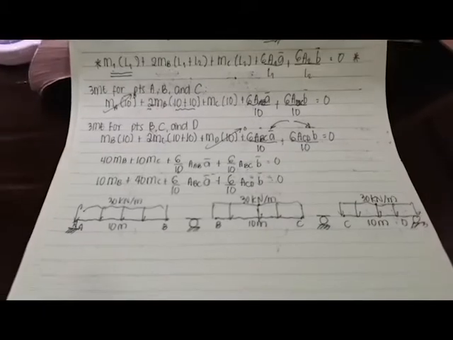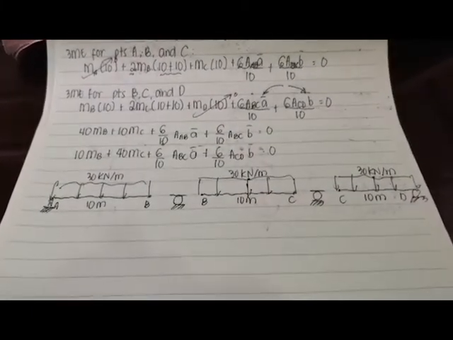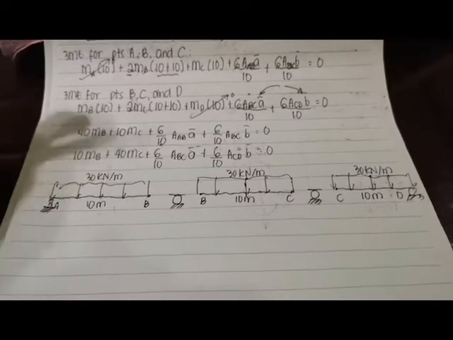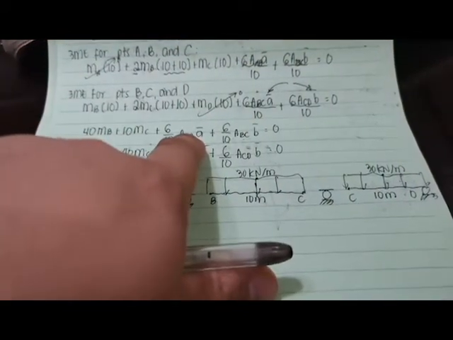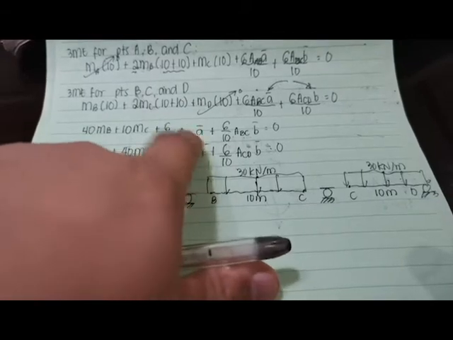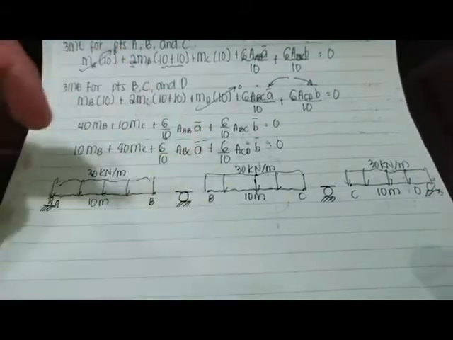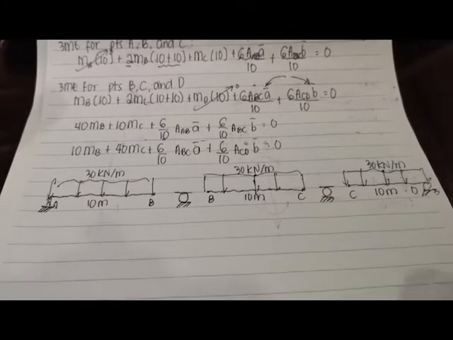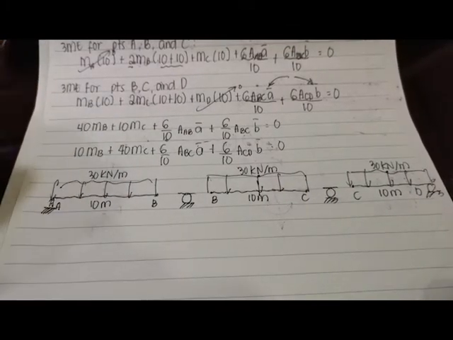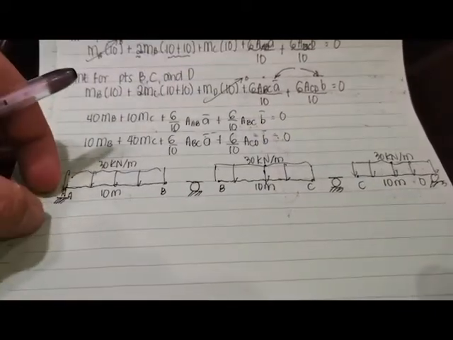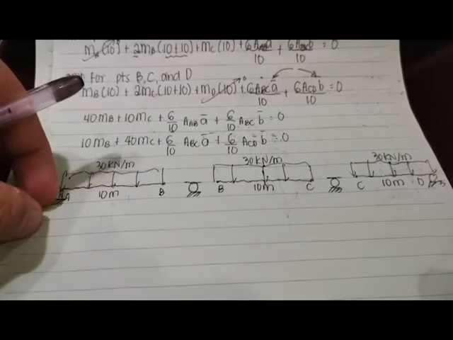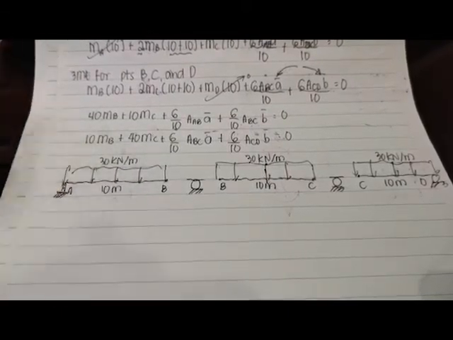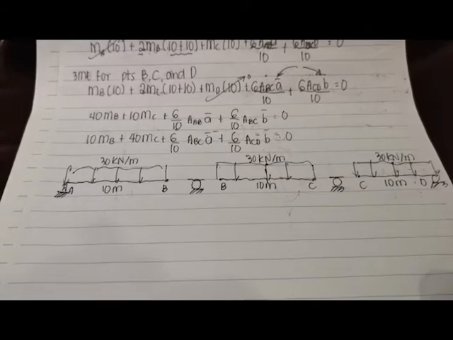Since what we are looking for is the first moment of area of the moment diagram, assuming they are all simply supported beams, we need to make sure that when we sketch the moment diagram, we can easily compute the area multiplied by the centroid.